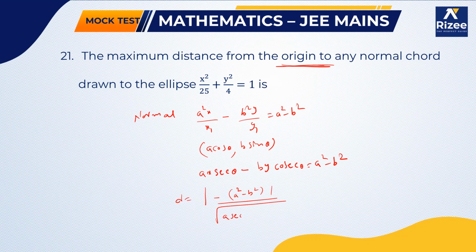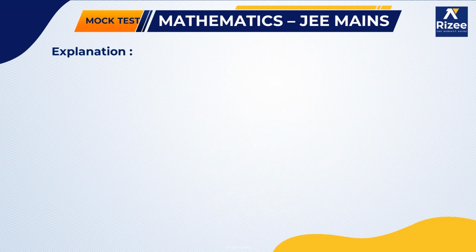From this simply I am writing, let x is equal to a square secant square theta plus b square cosecant square theta. I am differentiating this equation with respect to theta. dx by d theta is equal to a square secant square theta derivative 2 secant theta tan theta, b square cosecant square theta derivative 2 cosecant theta minus cot theta.